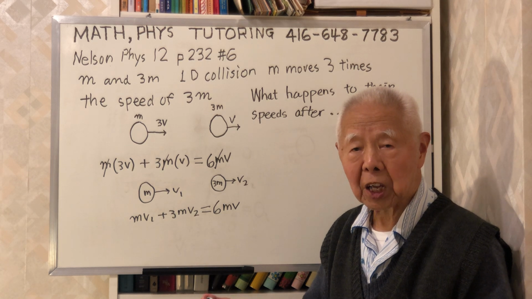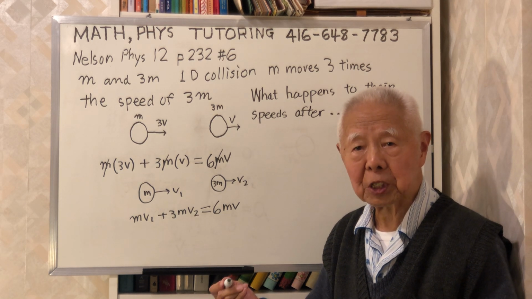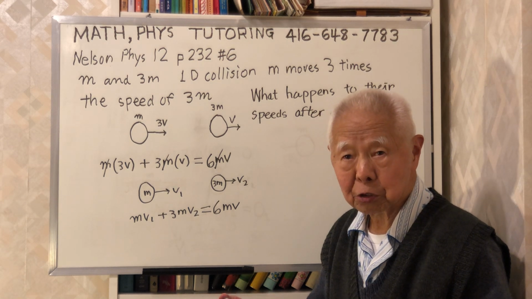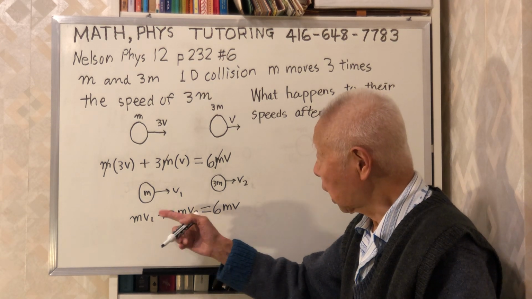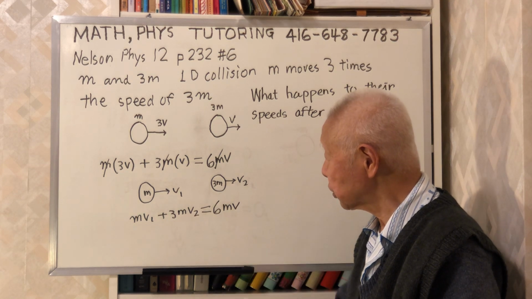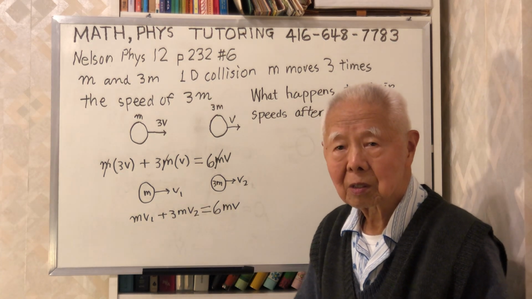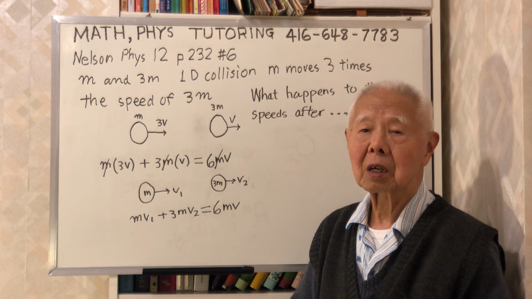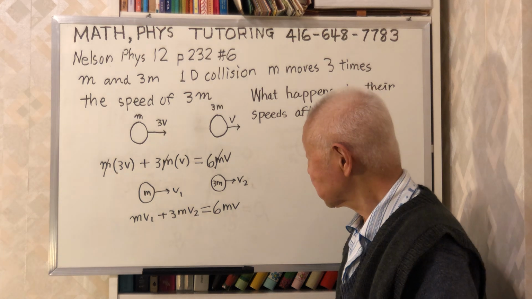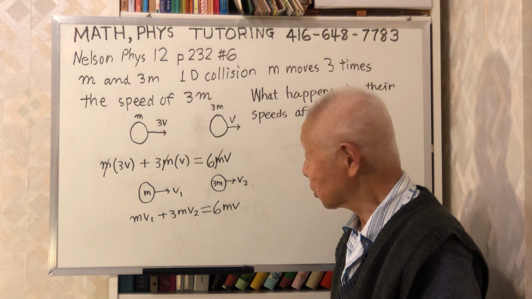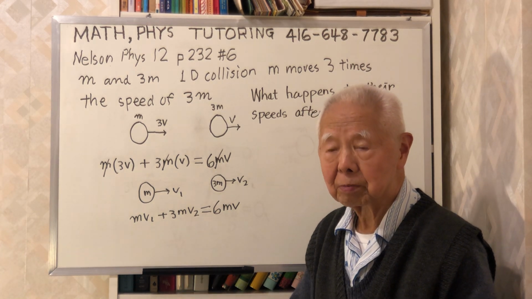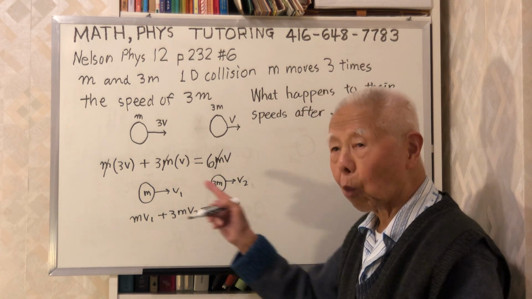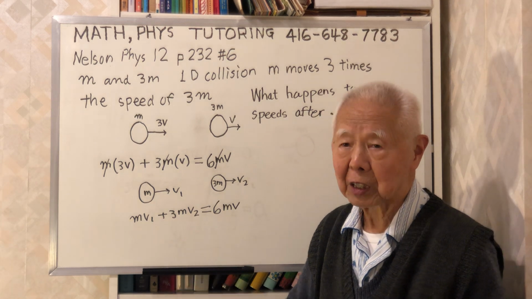And I want to say something. What happens to the speeds afterwards? That is to say, what are v1 and v2? But then I got stuck. I cannot find v1 and v2, right? It's not possible. I have two unknowns, but only one equation, so I cannot find them.